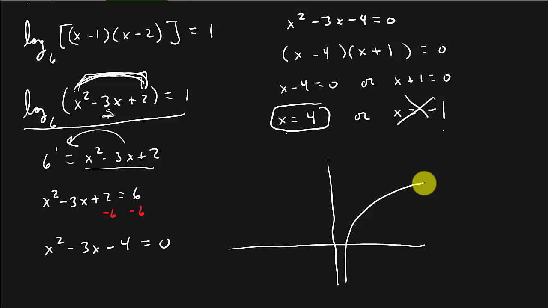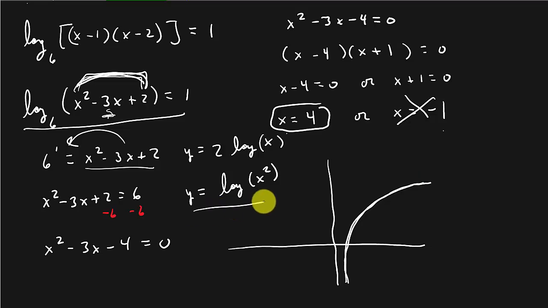Let's say we have y equals 2 log x. Okay? 2 times the log of x. Well, that is the same thing as, or it's equivalent to, y equals log x squared, right? Well, if you look, this y equals 2 log x, that is this graph. This one down here, that graph would look something like that. So you can see their domains are different.